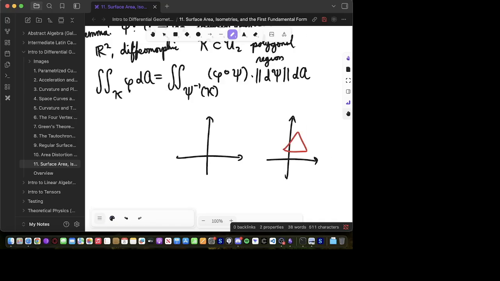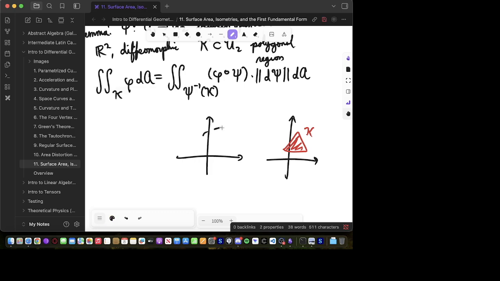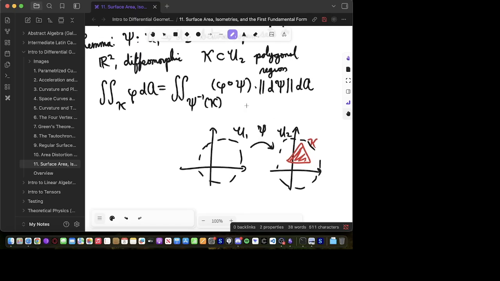Let's make it a triangle. And we have open sets U1 and U2, and there's a map between them from U1 to U2.